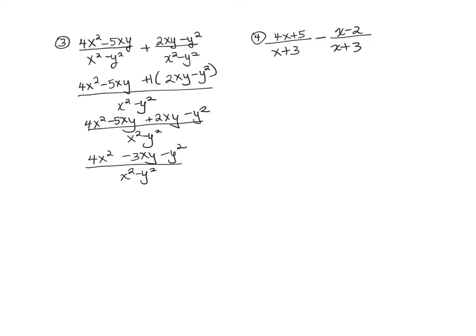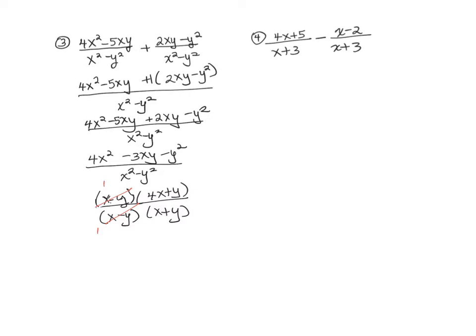This is factorable, and it factors into x minus y times 4x plus y, all divided by x minus y times x plus y. And we can certainly divide through the x minus y's. Oops, I erased them by mistake. Let me just get them back there. So x minus y and x minus y. So what I really wanted to do is put red here and divide through.